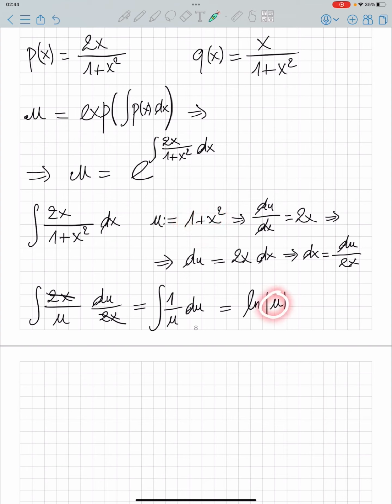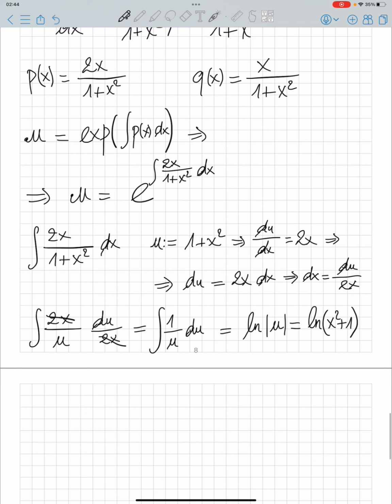So then we're not going to need this absolute value. So this is equal to ln of x squared plus 1, right? So this integration here is equal to the natural log of x squared plus 1.